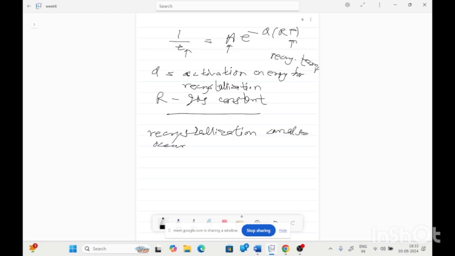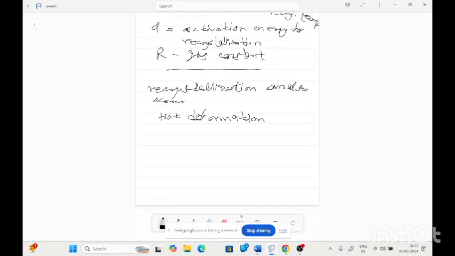If the deformation is performed at a higher temperature, meaning hot deformation, then recrystallization can happen during the deformation. That is called dynamic recrystallization.